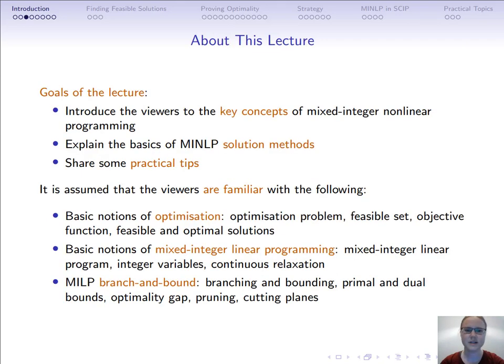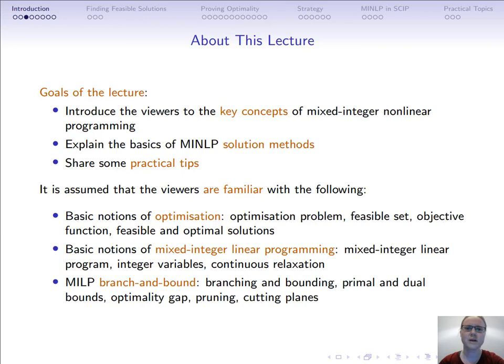This is clearly a large and complicated topic. Therefore, this lecture is going to be something of an excursion into the world of MINLP. After this excursion, you should have a general understanding of some of the key notions and definitions that are used in mixed integer nonlinear programming, and you should have an overview of what methods there exist for solving these problems.